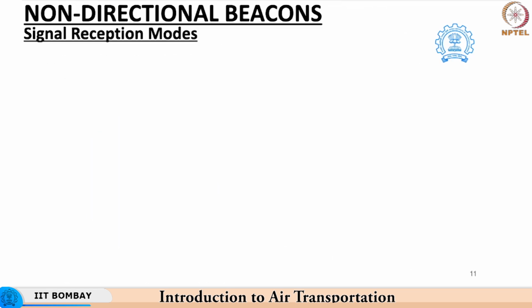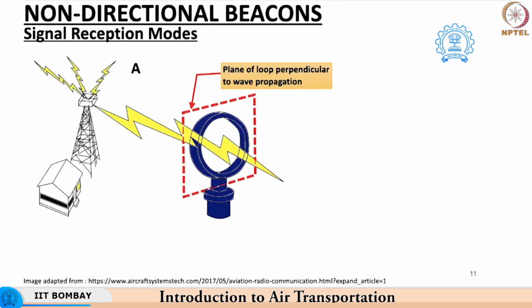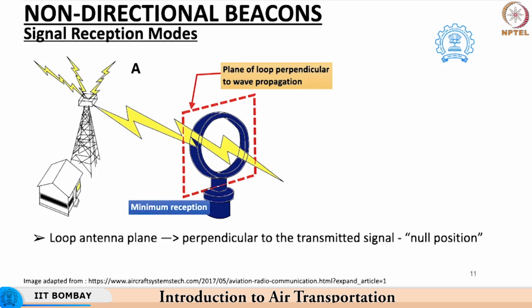So, there are two modes associated with non-directional beacons. In the first mode, the navigation signal is perpendicular to the plane of the loop antenna. Because of this relative orientation, the signal received by the loop antenna would be minimum and hence would be indicative of a null position.